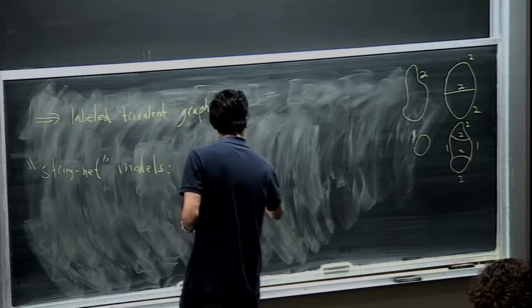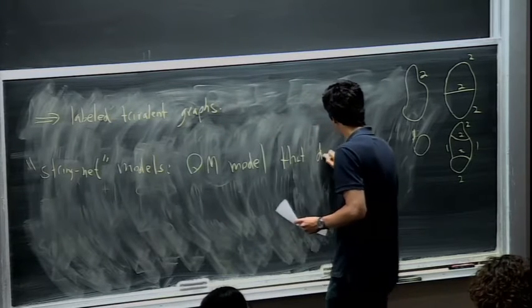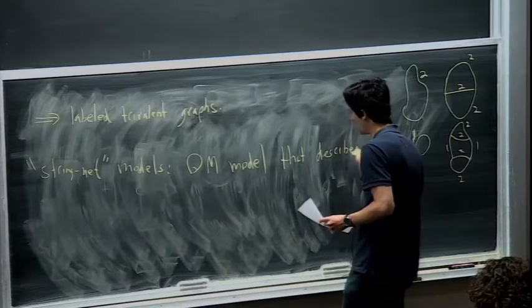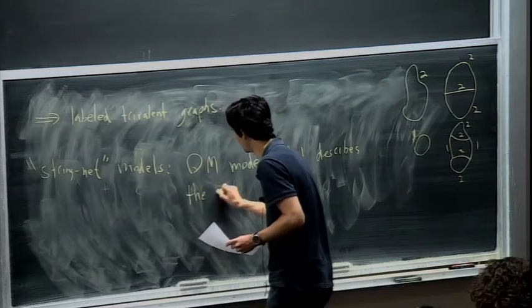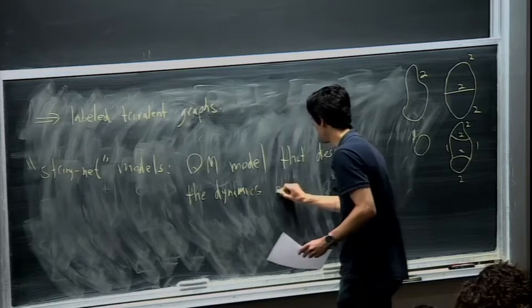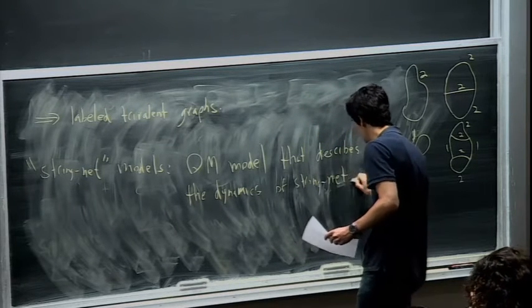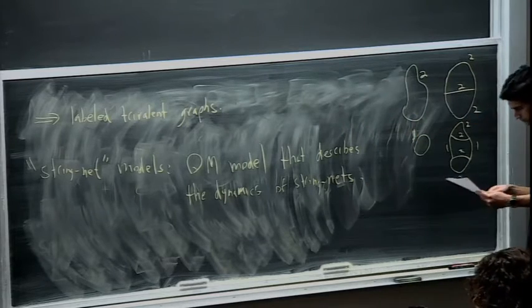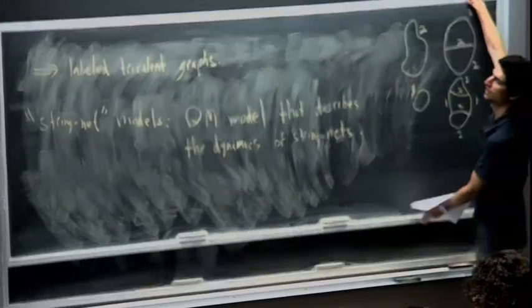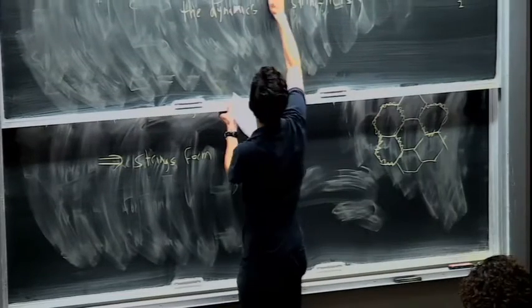And eventually, we'll write it as a lattice spin model that describes the dynamics of string nets, of these more general branching type objects. OK? I guess I should put an S here.